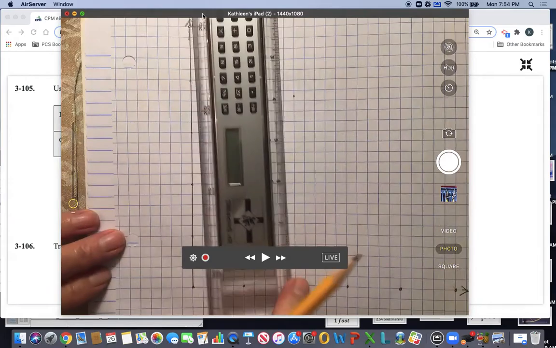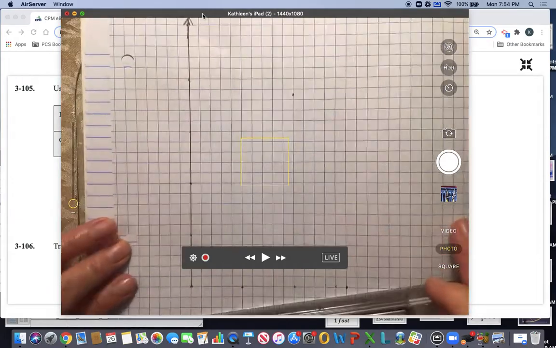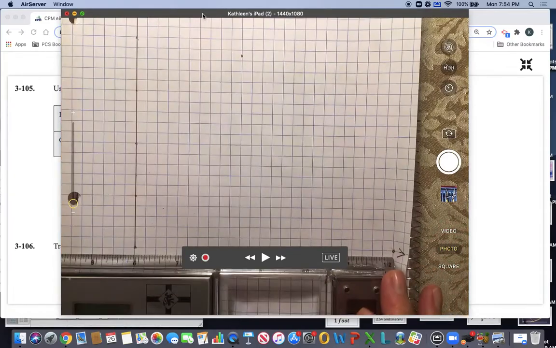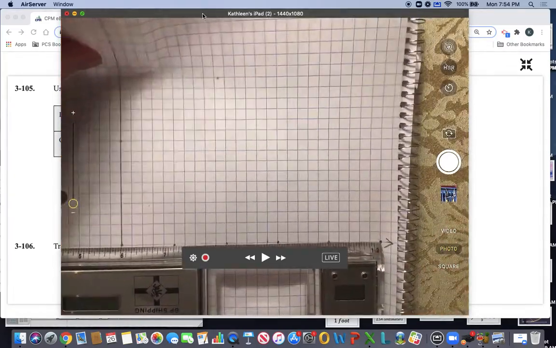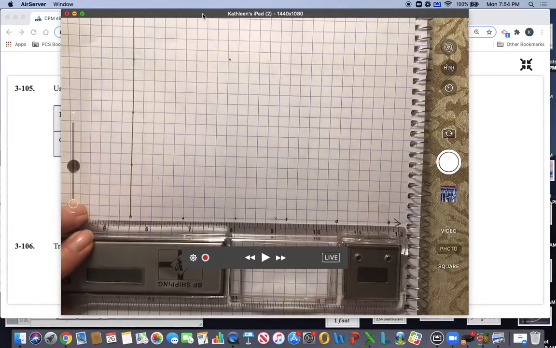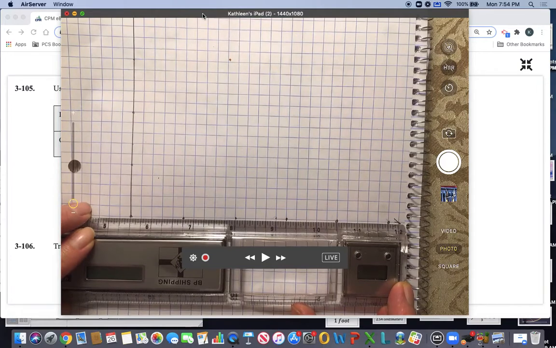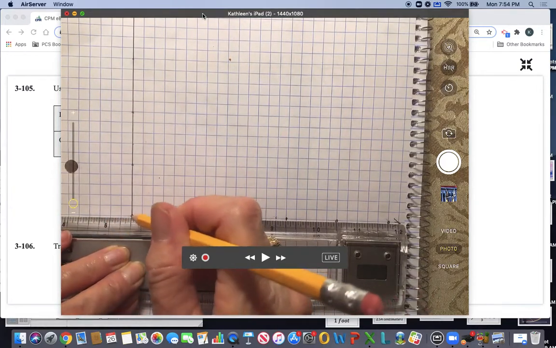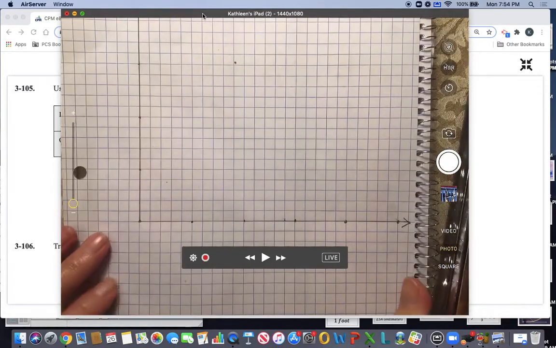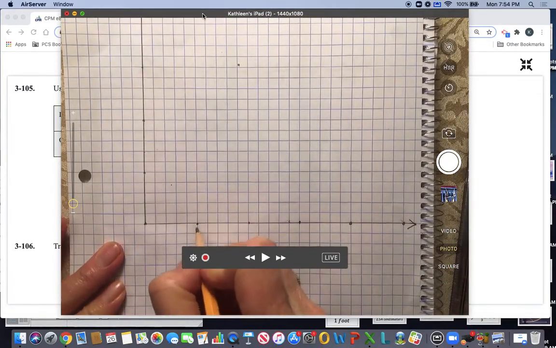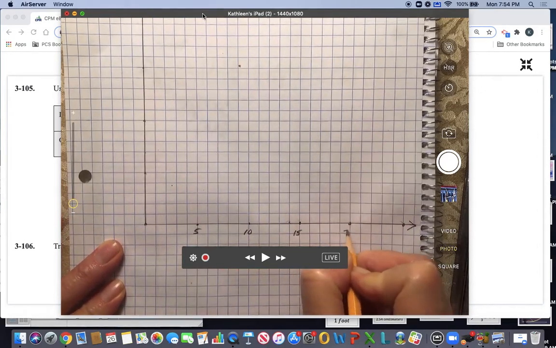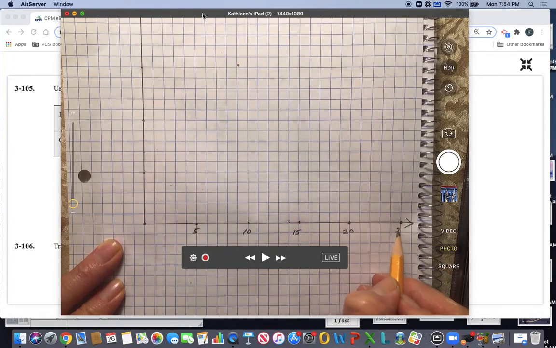And then I also needed 25 going on the x-axis too. So I can draw that line here. The paper's getting in the way, my ring binder. Okay, so this is also 25. And I don't have to label every single one. I can just go 5, 10, 15, 20, and 25.